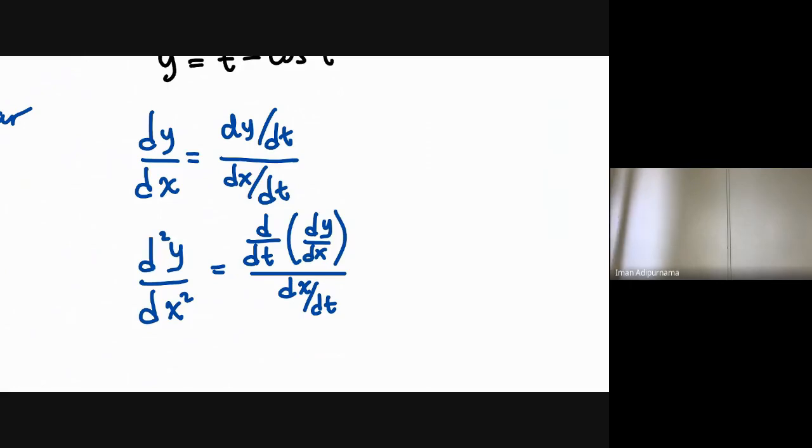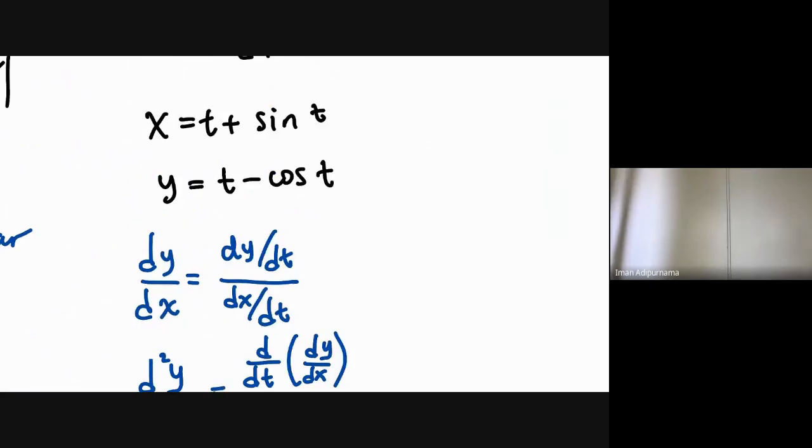That is wrong because your y and your x both have relations with t, but you are asked to find the differentiation of y with respect to x twice. So it's different.